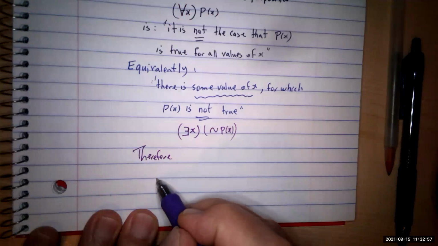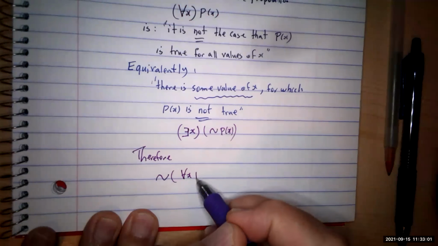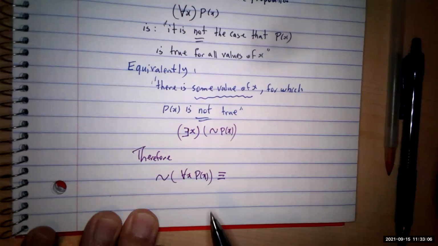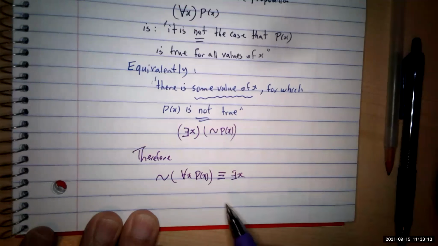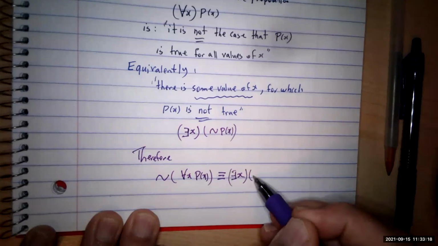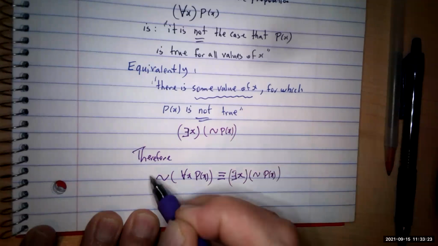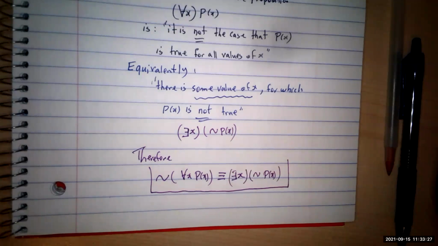We prove that the negation of for all x, P of x is equivalent to, this would be changing to there exists x such that not P of x. This is the negation of the universal quantifier.